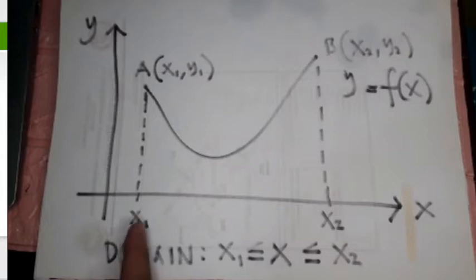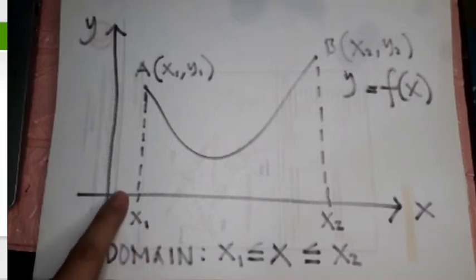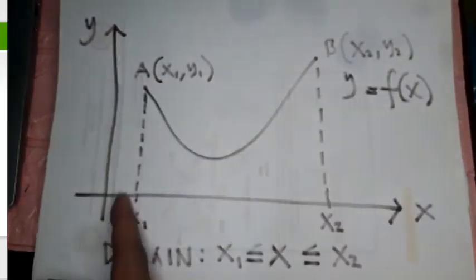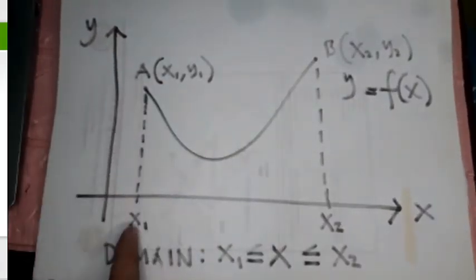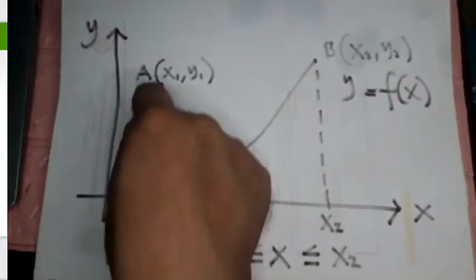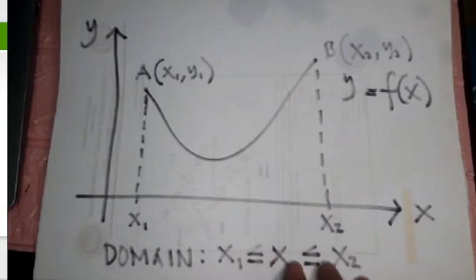Because, for example, if the value of x1 is 2 and we have x equal to 1, it is not on the graph. We don't have a graph for x equal to 1 because the minimum value of x is 2. That is what we meant by domain.